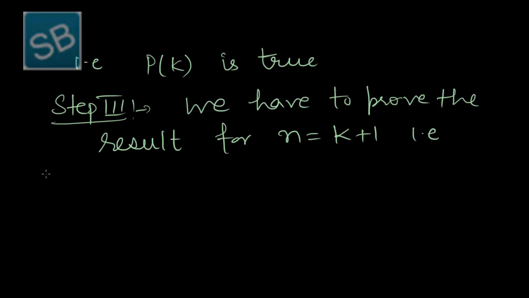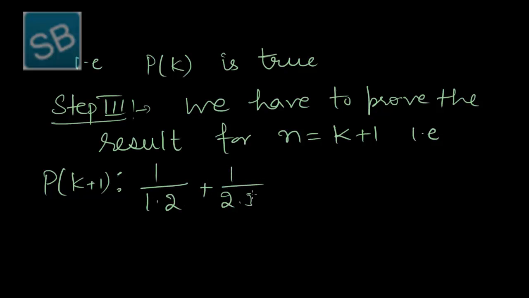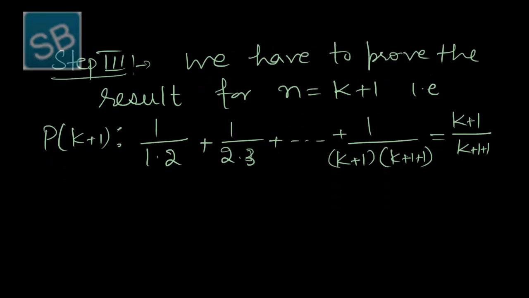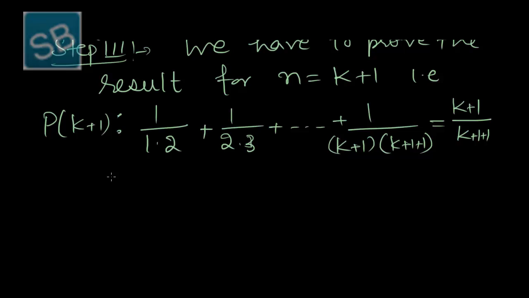That is, we have to prove P of k plus 1: 1 over 1 into 2, 1 over 2 into 3, plus so on 1 over k plus 1 into k plus 1 plus 1 is equal to k plus 1 over k plus 1 plus 1. Here we replace n by k plus 1.